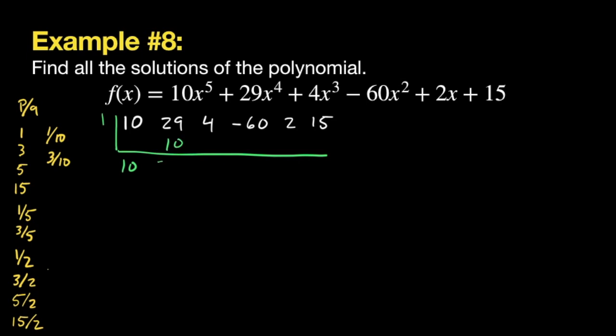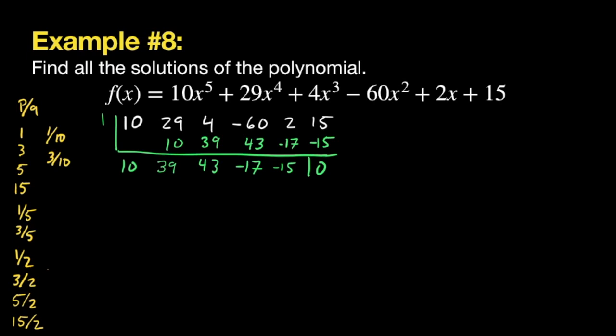We get 39. 1 times 39 gives us 39. This is going to be 43. 1 and 43 gives us 43. And this is going to be -17. So 1 and -17 gives us -17, which is -15. And we get -15 right here. That is going to be 0.